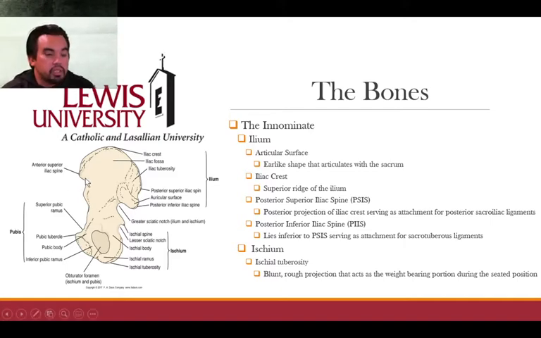Then you kind of lose it, because now we start getting all this soft tissue that sits in there with your rectus femoris and your psoas muscles and your rectus abdominis that all run through there. So you kind of lose any bony palpations until you get to the pubic symphysis. And that's a little bony protuberance right above your crotch, typically. We will not be palpating that in class, but just so that you know you can palpate it on yourself.